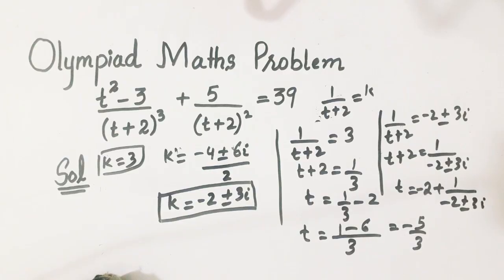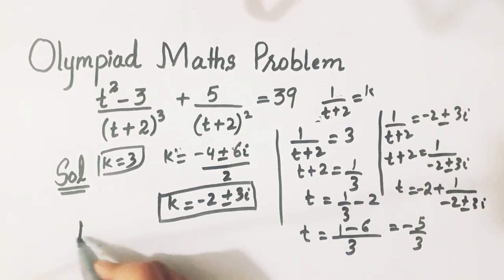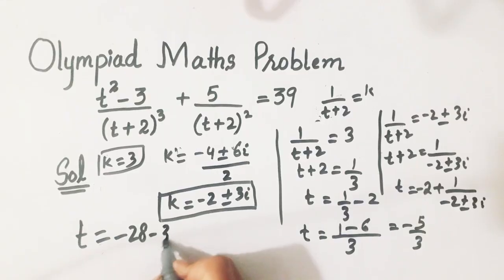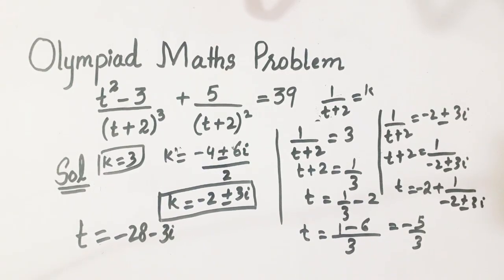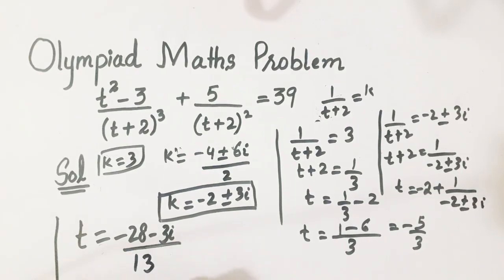After rationalization, t will equal minus 28 minus 3 iota by 13. So this will be the final value.